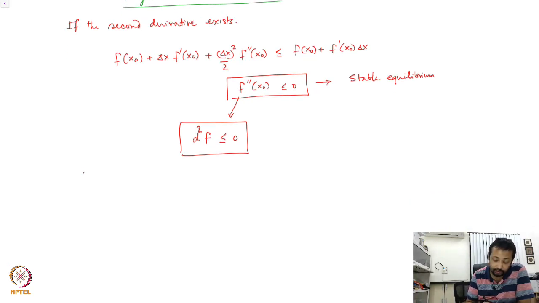Hence, for the entropy, a maximization means that d2s is less than equal to 0.